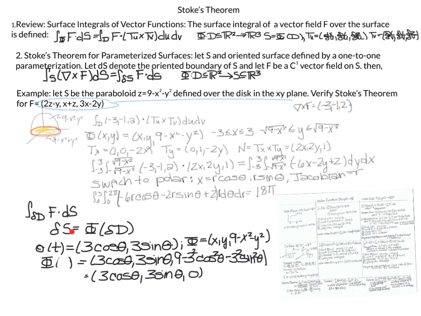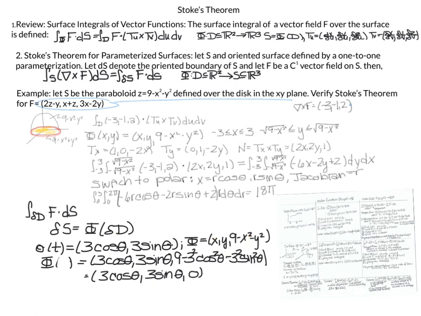So the boundary of the surface is equal to phi of the boundary of the domain. The boundary of the domain, then, is this circle here. So sigma of t is equal to 3 cosine theta, 3 sine theta. So now I need to plug in the boundary of my domain, which is the sigma, into phi. Phi is equal to x, y, 9 minus x squared minus y squared.